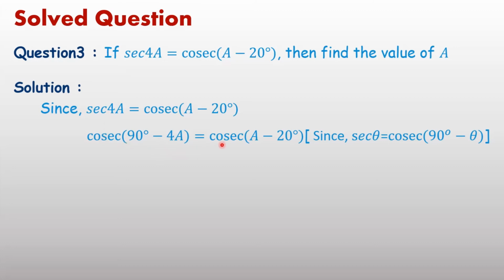Now observe that the trigonometric ratio, cosec, is the same on both sides. Therefore the angles will be equal, meaning 90 minus 4A equals A minus 20.